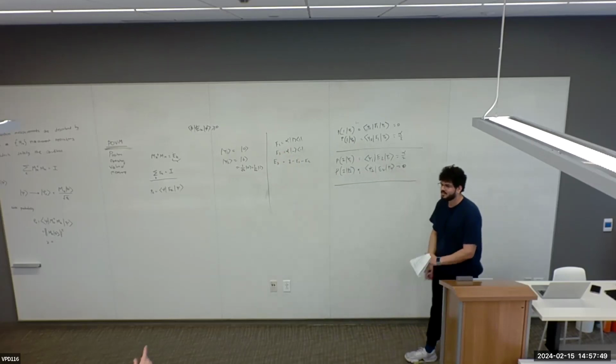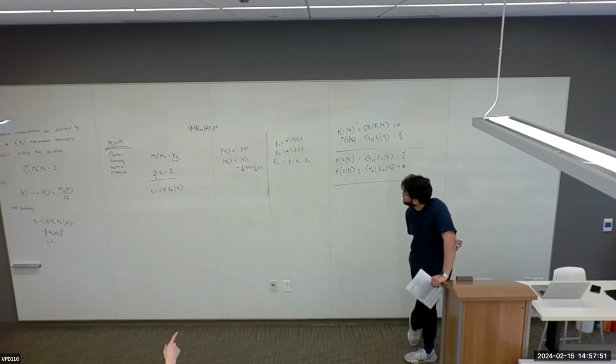For the E3, it also has to be a positive projector. Yes, it has to be. And how can we make sure that E1 plus E2 plus E3 gives the identity? How can we make sure that we get the E3 to be a positive projector? Well, it depends on E1 and E2, right? So you have to check it algebraically depending on your choice of E1 and E2.